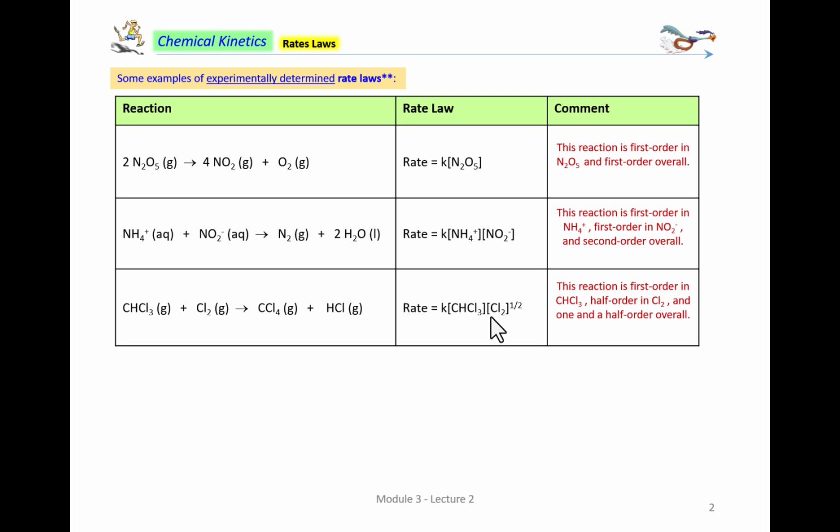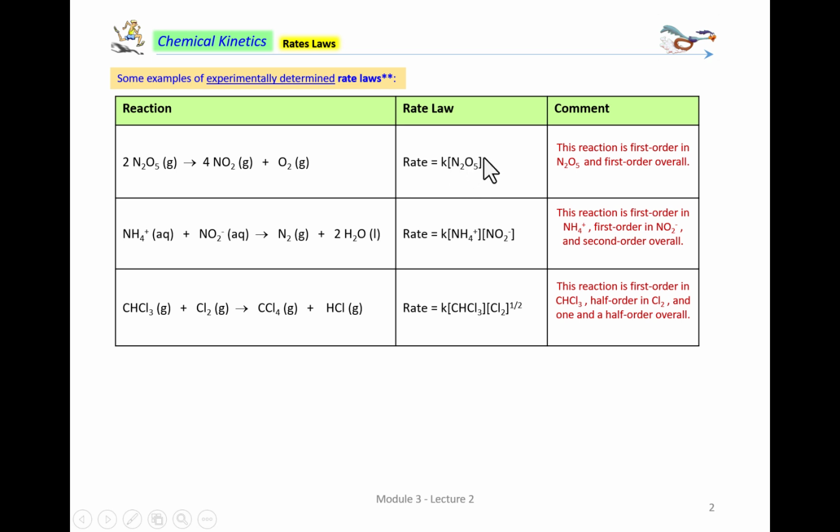Here's some examples of experimentally determined rate laws. For example, here's a reaction of N2O5 decomposing into NO2 and oxygen. There's the balanced equation. The experimentally determined rate law for this reaction is rate equals the rate constant times the concentration of N2O5 to the first power.